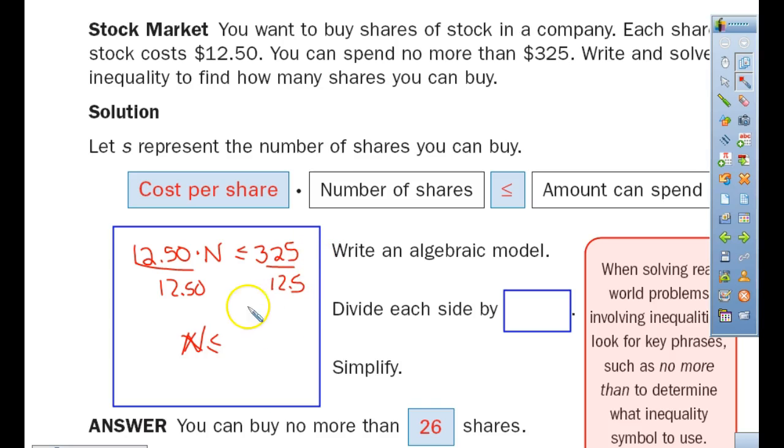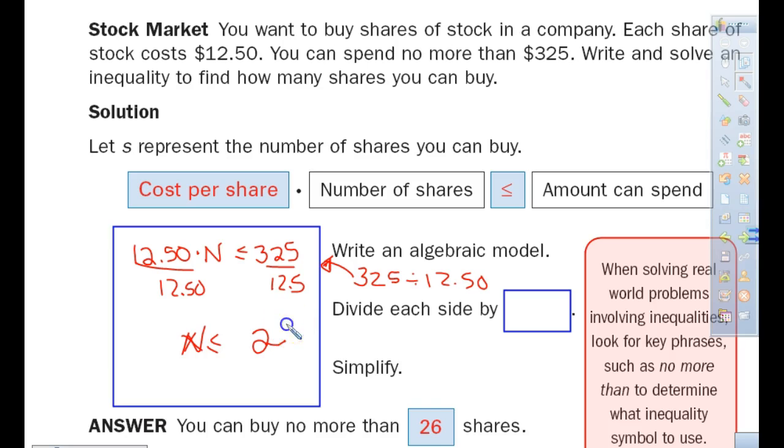No. Did you put 325 in your calculator first? Oh, sorry, that was divided by 12.50. That's what this means. Some of you are doing that same thing that you just did. You put the 12.50 in first. Do you want the real answer? I do want the real answer. So 325 divided by... Don't ask. Tell me. Okay. Maria, what'd you get? 26. 26. Comes out as a nice even number.